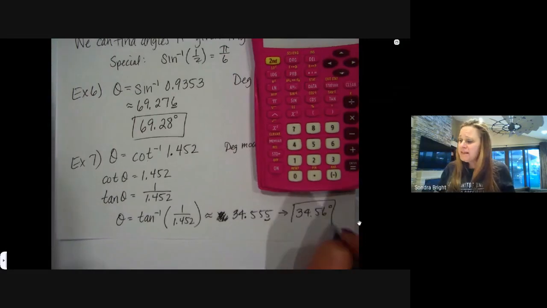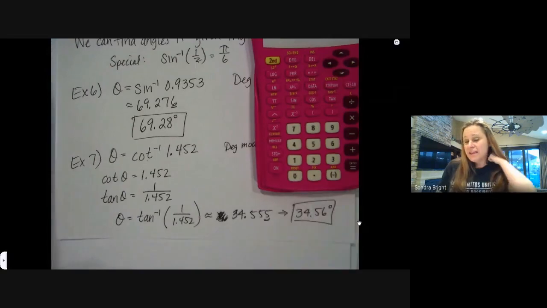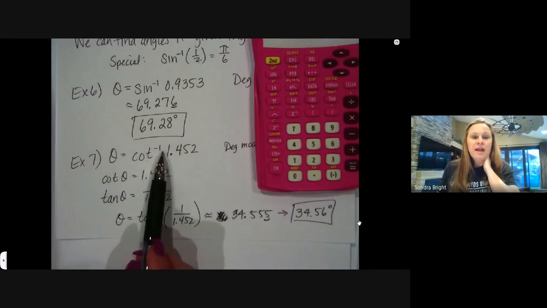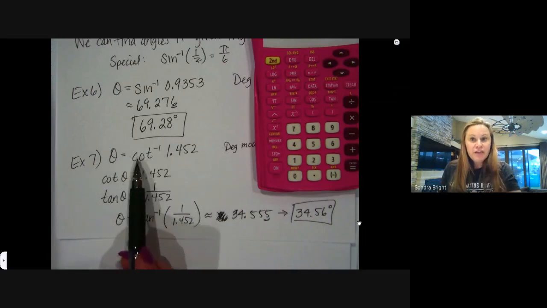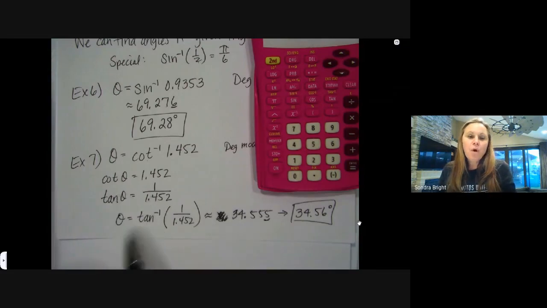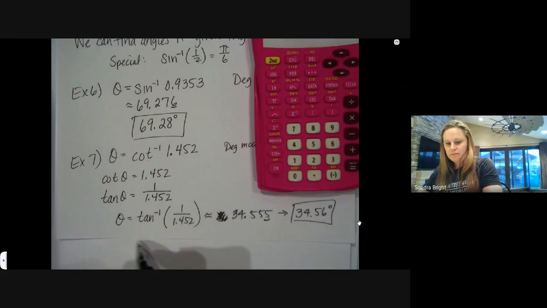So I highly recommend when you're doing the inverse ones where it's the reciprocal, rewrite it in terms of the function that you will be able to use your calculator for, taking the reciprocal, and then do the inverse tangent, because it's what you're going to want to do. And I don't have that right in here, so I'll write it down here.